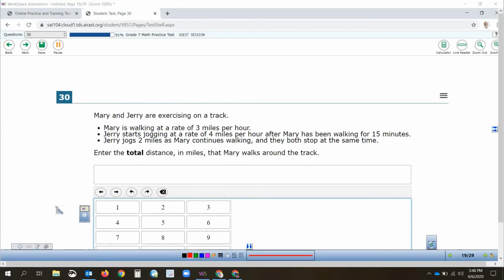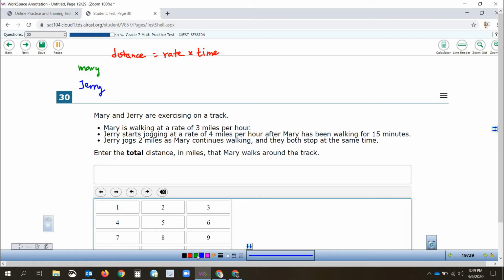All right, so ladies and gentlemen, hopefully you know by now the relationship that says distance is equal to rate times time. Distance is equal to rate times time. All right, so we've got 2 people walking here. We have Mary, and then we have Jerry. All right, and what does it say?